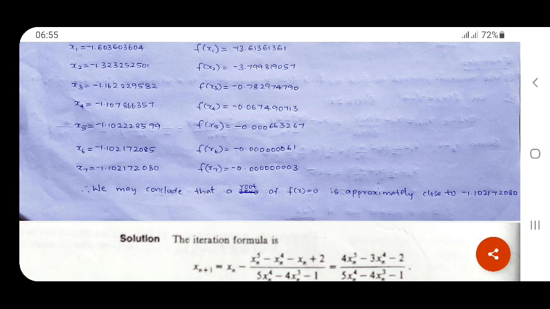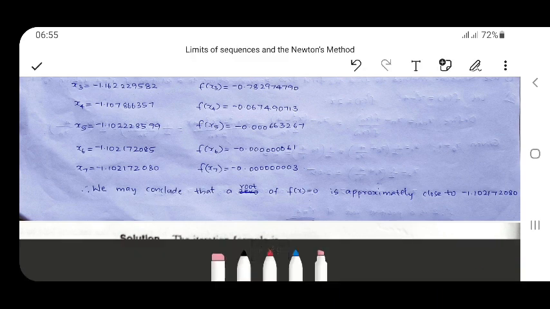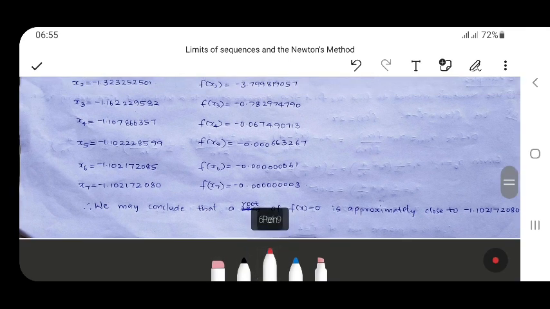Here I have written this is approximately equal to minus 1.1021722080. To locate the root, this f of x7 is less than 0.